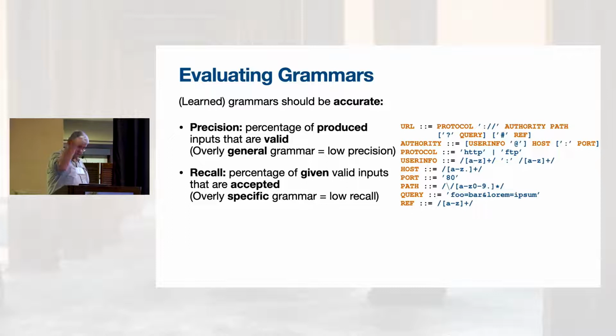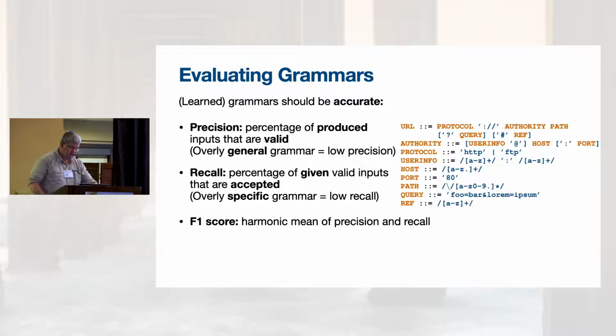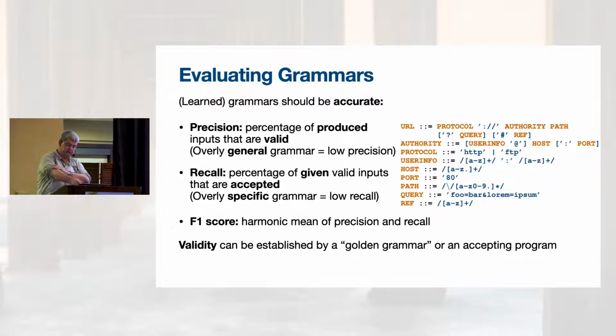So you want high precision, high recall, and these two are a bit, well, it's difficult to get both at the same time, which is why we have a score, the so-called F1 score, which is the harmonic mean between these two. And in order to establish validity, you can either send this to an accepting program, or you have a golden grammar, which you can actually also use to produce test inputs. Golden grammar is a grammar that you define by hand, which you know to be perfectly accurate.